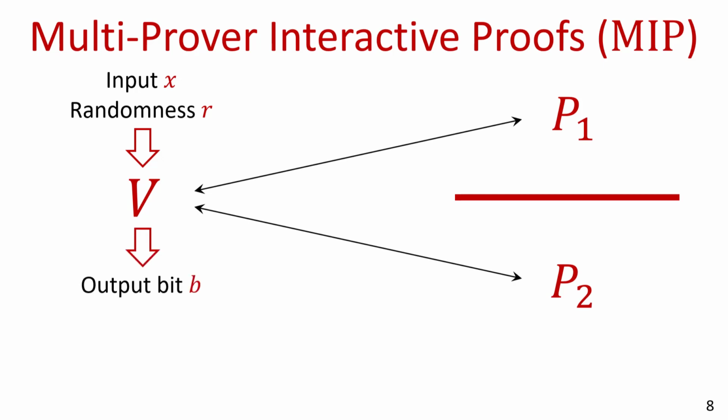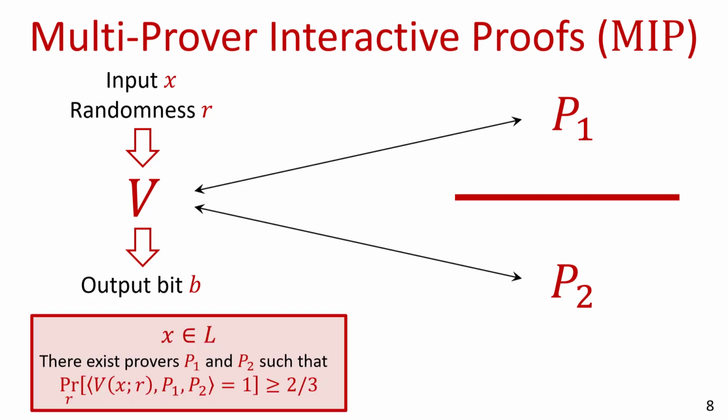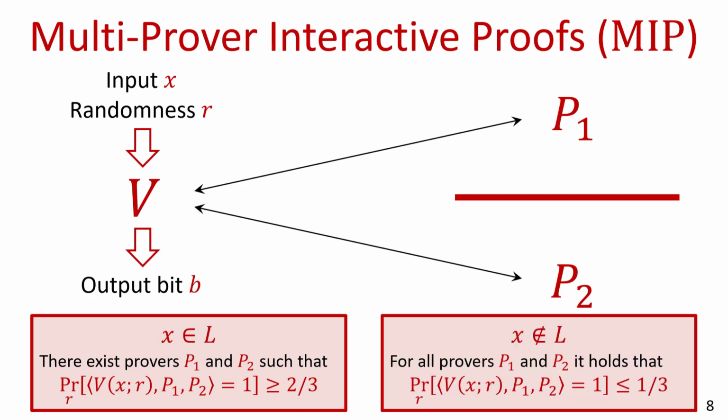Then the verifier outputs a bit, and we say that this is a proof system for a language L if for every x in L there exist provers that make V output 1 with probability at least 2/3, and for every x not in L, no provers can make V output 1 with probability greater than 1/3.